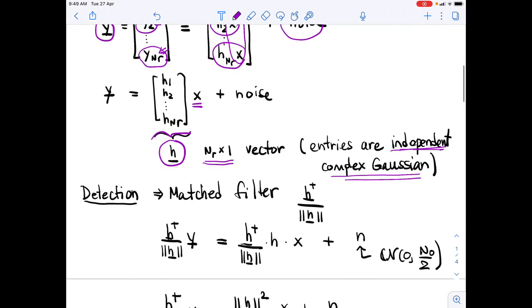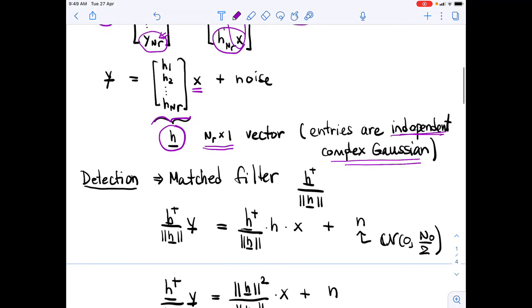Now, how do we detect X? So we're gonna use a match filter. It's gonna match with this channel vector. So we take h and do conjugate, so this is complex conjugate transpose, because when you multiply vectors, the dimensions have to be compatible with one another, divided by the norm of the channel vector.